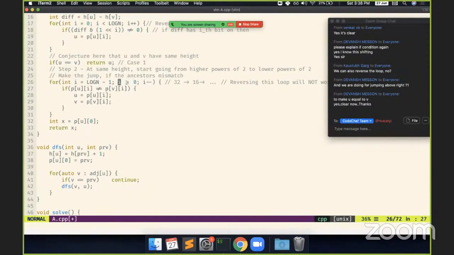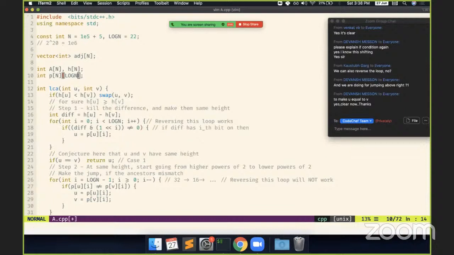I'm just taking the exponent here. Don't start with log n because that's the size of the array, it'll overflow. Log nth element is not accessible, log n minus 1 is accessible.